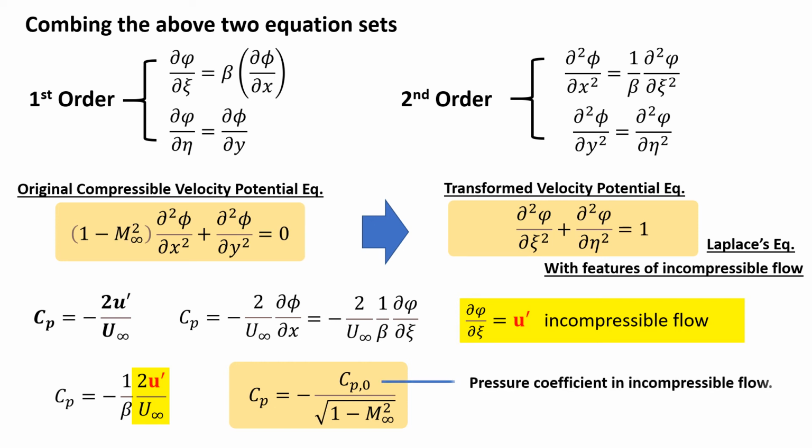pressure correction. Okay, so these are just some notations, and we call this the Prandtl-Glauert correction. Prandtl, we are very familiar with his name, and Glauert is also an English aerodynamicist, and they derived this relation independently, almost at the same time.